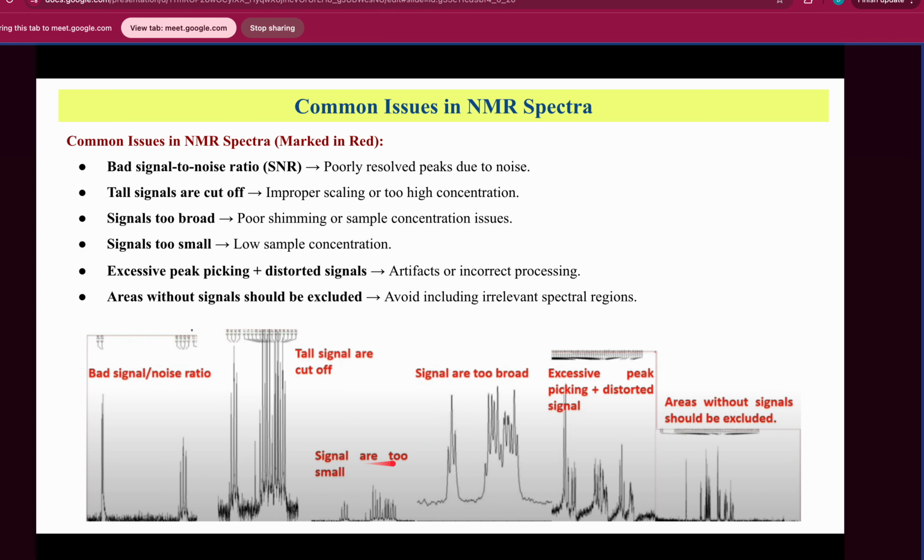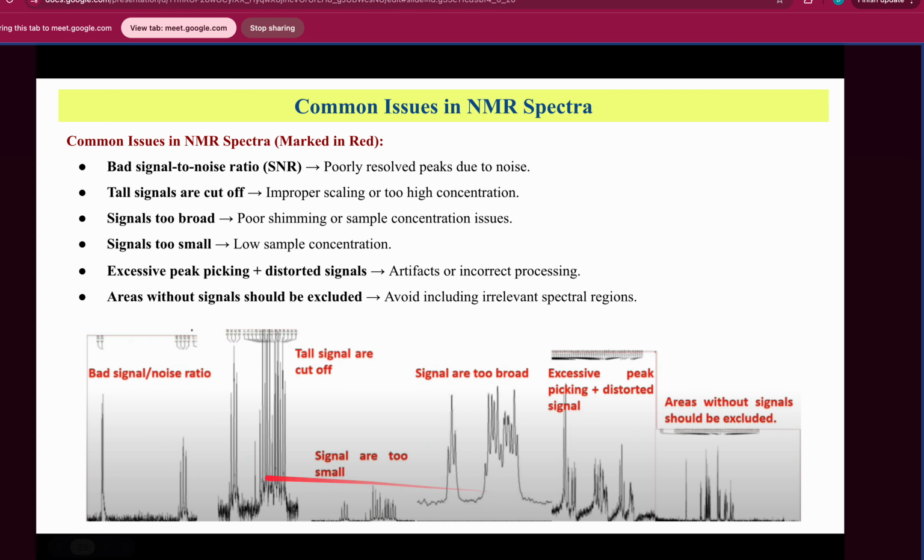The third thing is signals too small. If signals are too small, then the spectrum is also not good. Or if signals are too broad, meaning the peaks are not sharp, that is also not a good NMR spectrum. Then comes excessive peaking and distorted signal, which is also not a good NMR spectrum. And then areas without signals should be excluded. If you observe proper signal in some areas and no signal in others, we need to exclude them and then proceed with that particular spectrum.